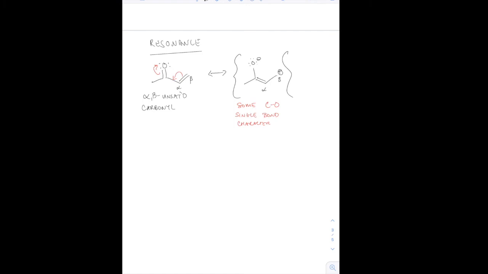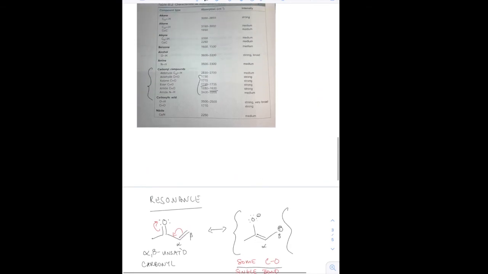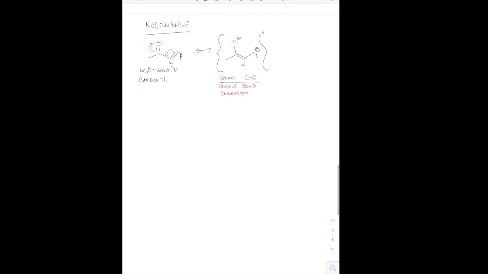So since we have some single bond character, remember the trend in general is a C-O double bond is stronger than a C-O single bond. But if we have something that's somewhere in between, then that's going to shift the IR absorption to the right.